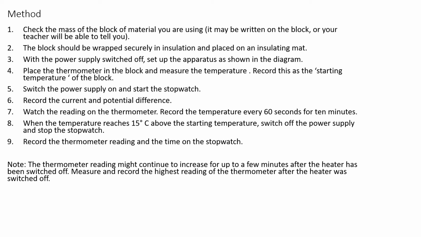Number 6, record the current and potential difference, or it could be record the initial reading on the joule meter. Number 7, watch the reading on the thermometer and record the temperature every 60 seconds for 10 minutes. Number 8, when it has reached 15 degrees centigrade above where you started, switch it off. Record the temperature again.